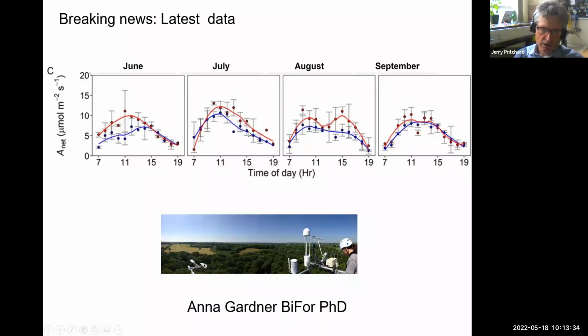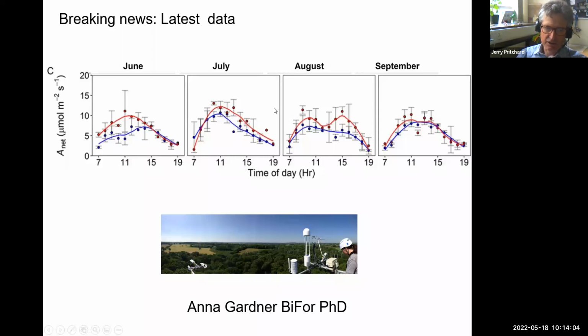So Anna worked really hard on this for 2 years, and you see this data from June, July, August, and September from one of the years that she did it. It was the same for both years. You can basically see that the blue line is the photosynthesis in the control rings where the CO2 is ambient, and the red line is where we've added 150 parts per million, or 0.015% more CO2 to those rings.